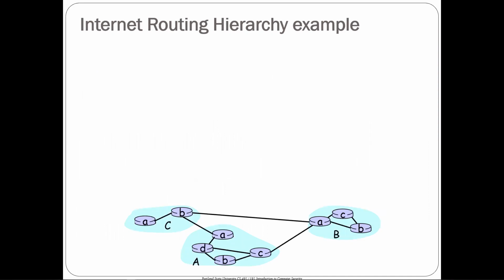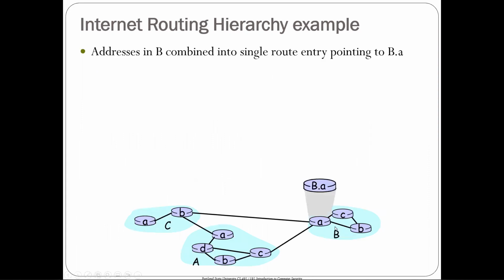Say I have these three ASs, A, B, and C, capital A, B, and C. What happens is, let's start with ISP-B. ISP-B has these internal nodes, little a, b, and c, and then it has a border router, B.A, and this border router communicates to other autonomous systems.